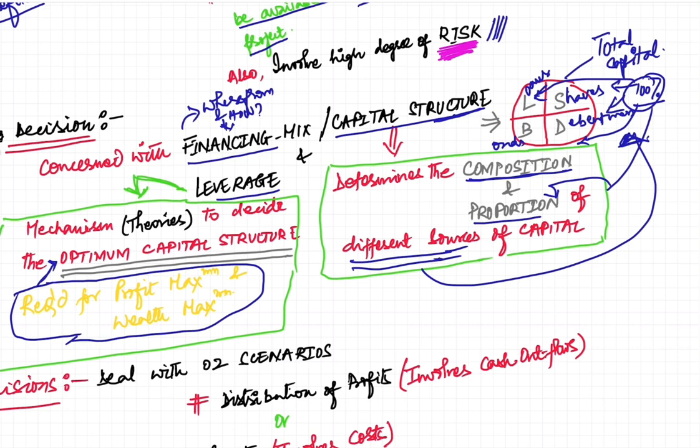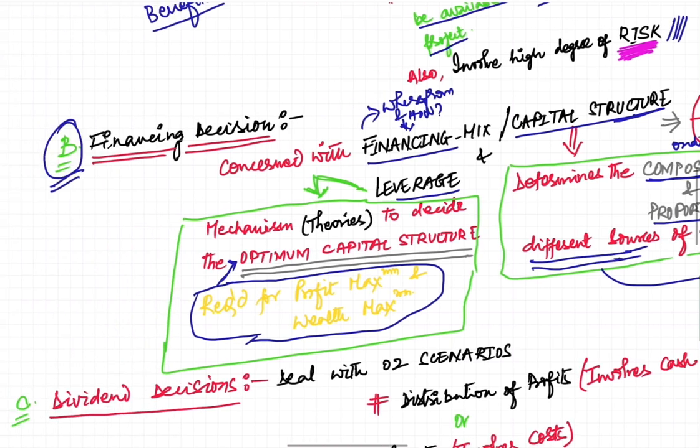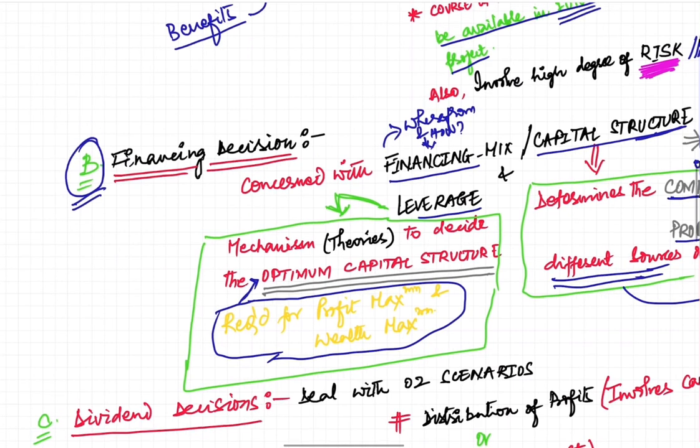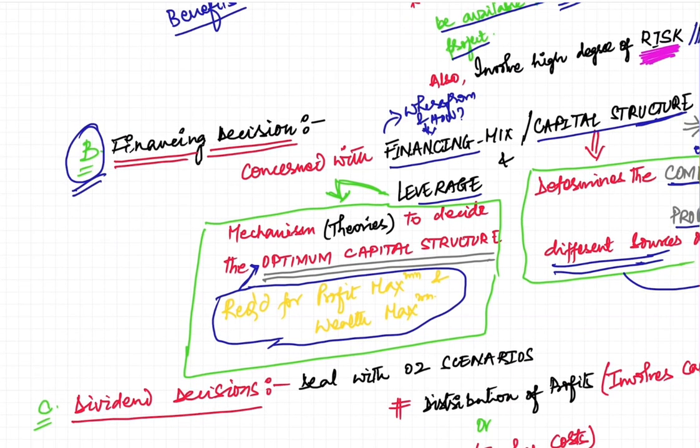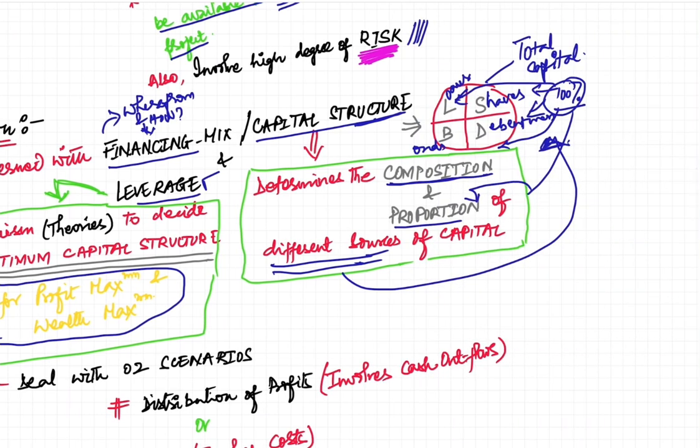Right? So financing decision involves concern with financing mix, capital structure and leverage. This is the point that we are going to study in depth later on. Now, what's leverage? It's a mechanism to decide the optimum capital structure. How we are going to decide this, right?